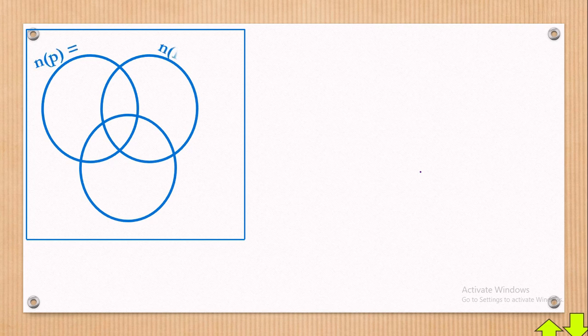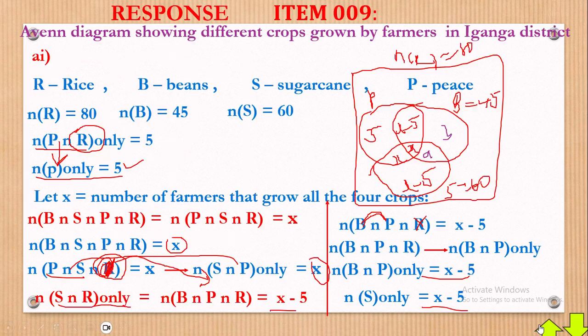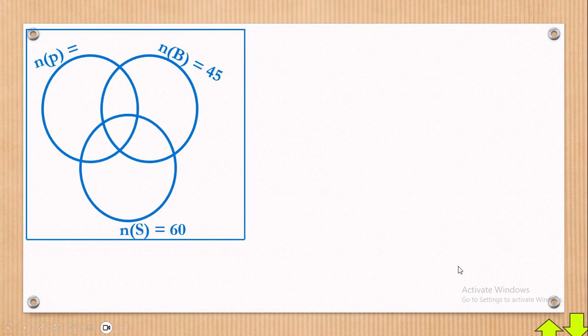We didn't have a total there. Number in beans, you had it as 45. Number in S, you had it as 60. Now let's plug in the values as stated. We have X there, a 5 there, X there, X minus 5.